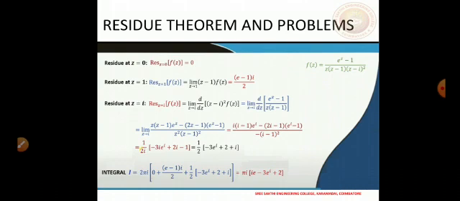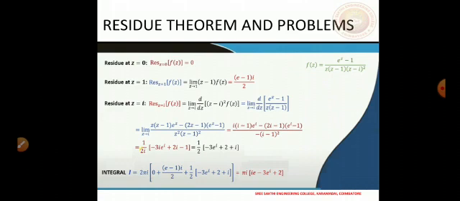So we have here three residues. One was 0, the other one (e minus 1) i by 2, the third one this one. So to get the integral value, the integral I will be 2 pi i times the sum of all the residues.